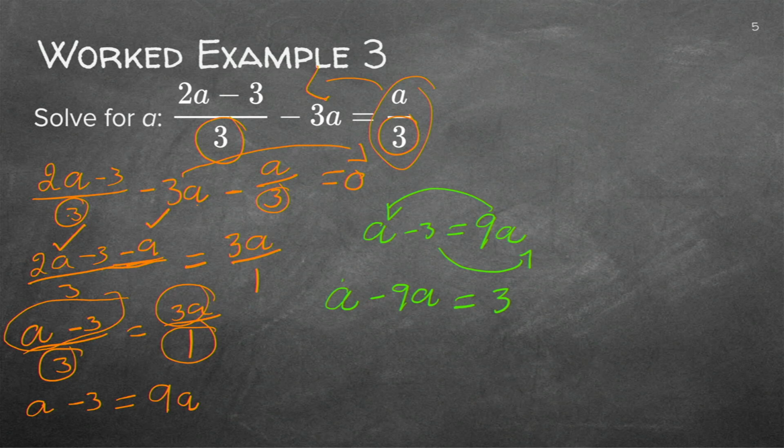If you find a minus 9a, you get negative 8a equals 3. And you're trying to find the value of a, so you need to divide by negative 8 on both sides, so you are left with a. Therefore a is given by negative 3 over 8.